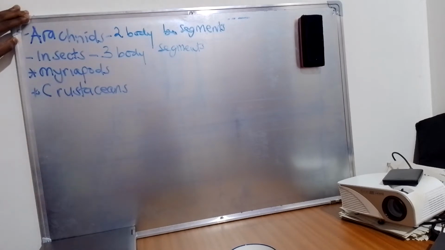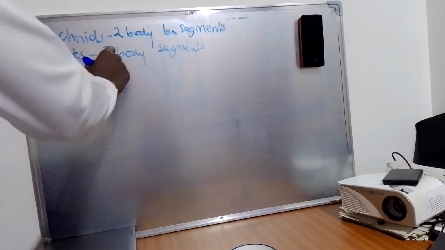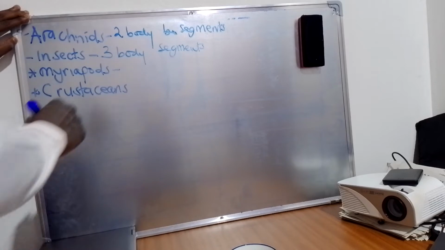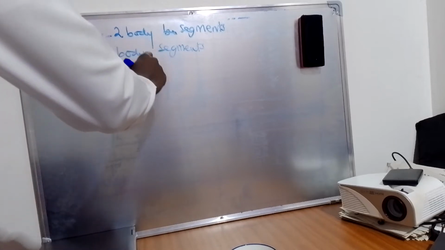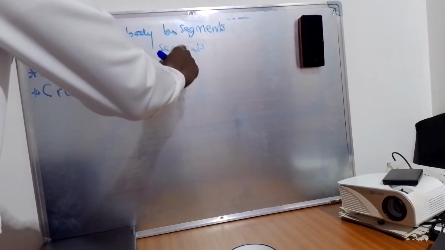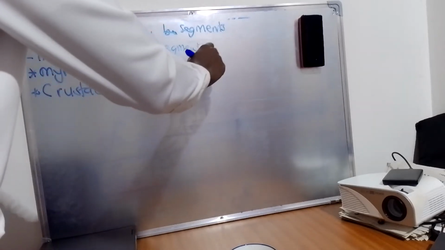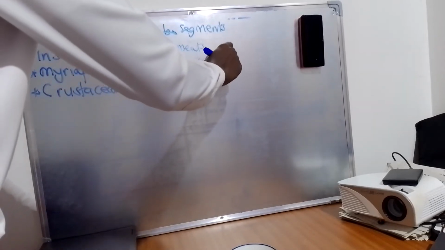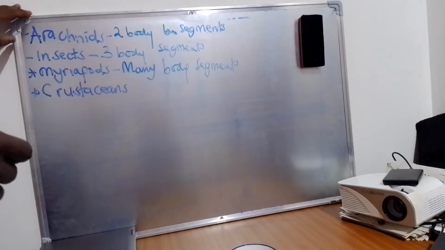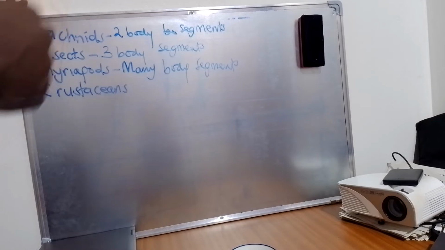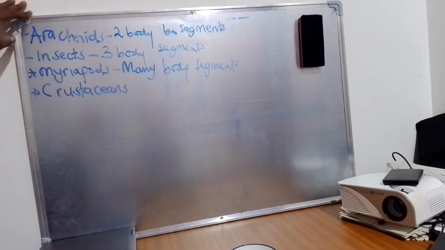Today we are looking at myriapods. These have many body segments. In fact, they are not two, they are not three, they are more than two and three. They can be around 20 plus.